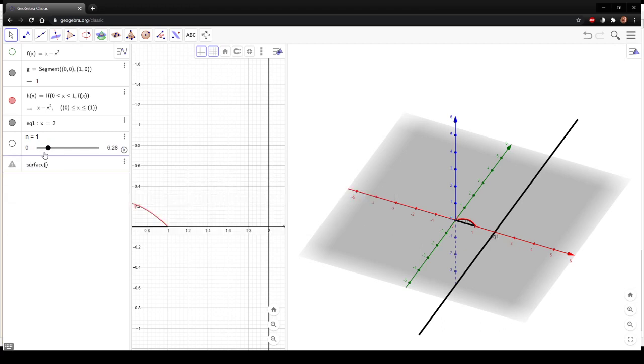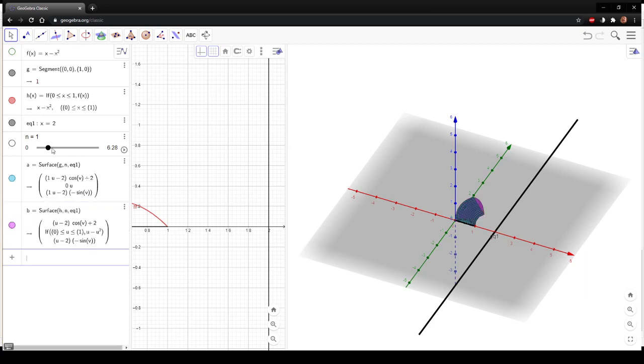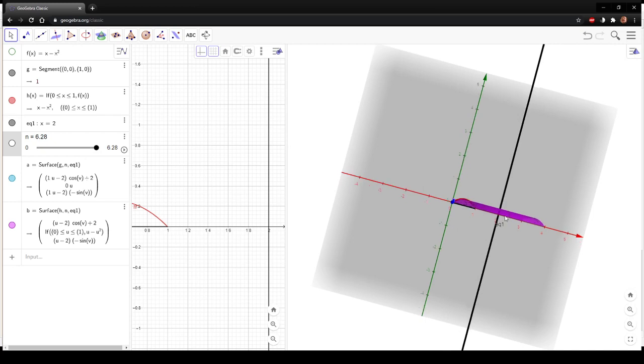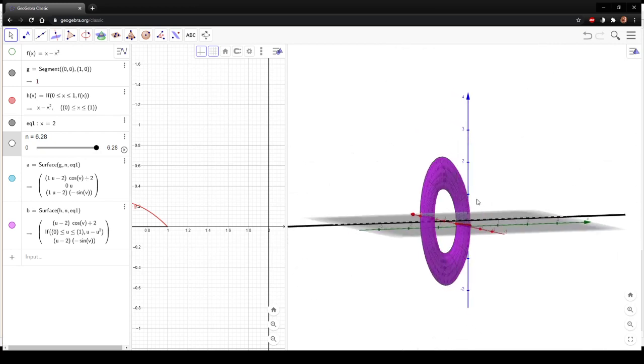They're being called G and H. And let's see, GeoGebra has called the vertical line EQ1. So we're going to have to put that in the surface command. And there we go. That's the shape that we get. A flat donut.